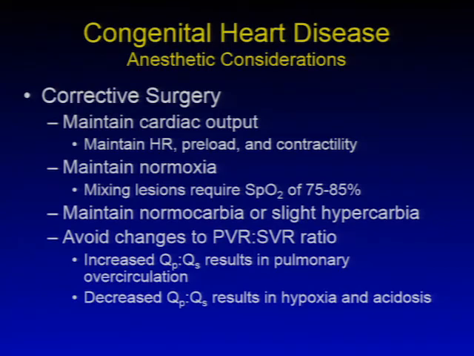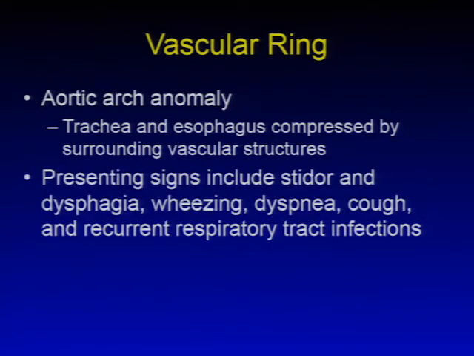And finally, there could be children presenting that are totally corrected. And they have unique anesthetic considerations depending on the type of repair that they had. Either it be that they have a Fontan circulation, or they had an atrial switch operation for transposition of the great arteries.